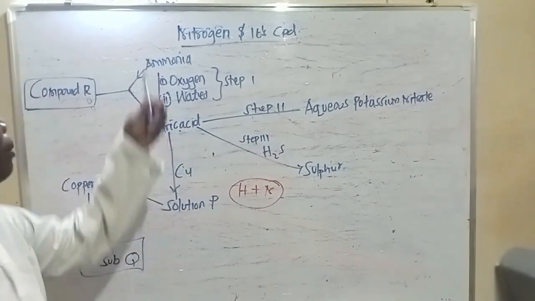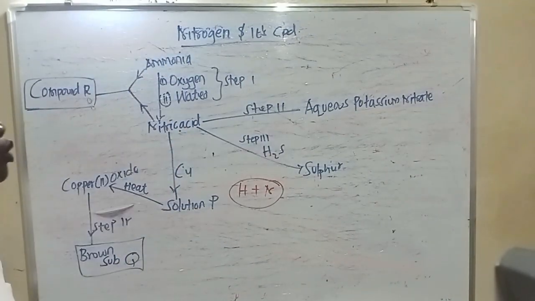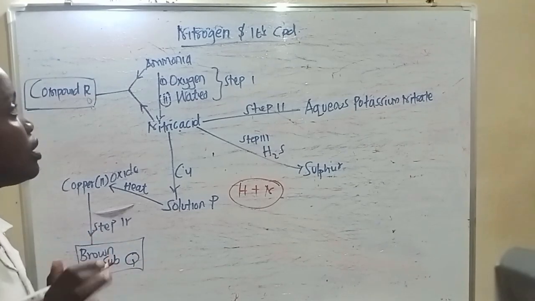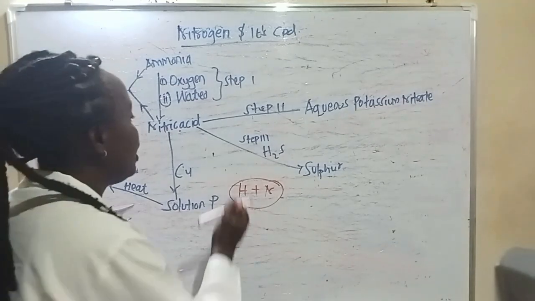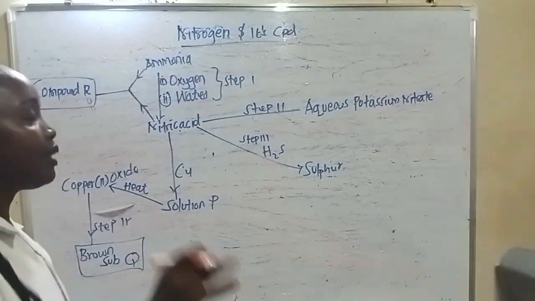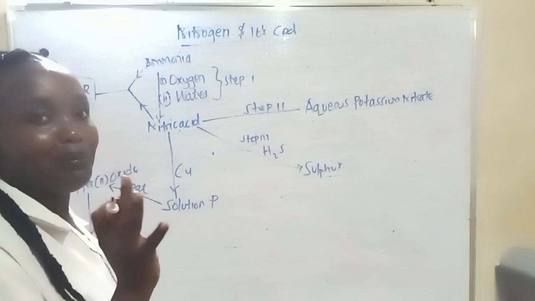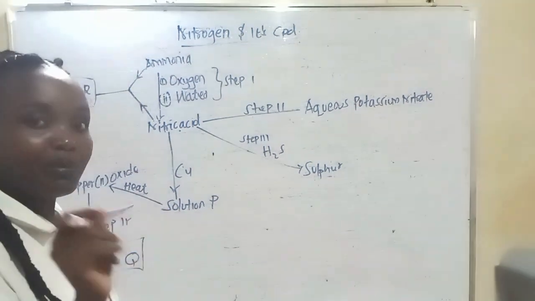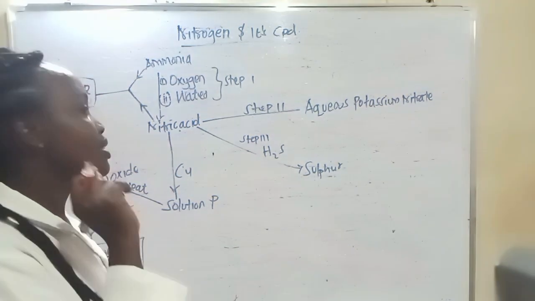Now, when you're talking about the lab preparation of ammonia, we have three methods where you can form your ammonia. One is you can form it from decaying organic nitrogenous materials.